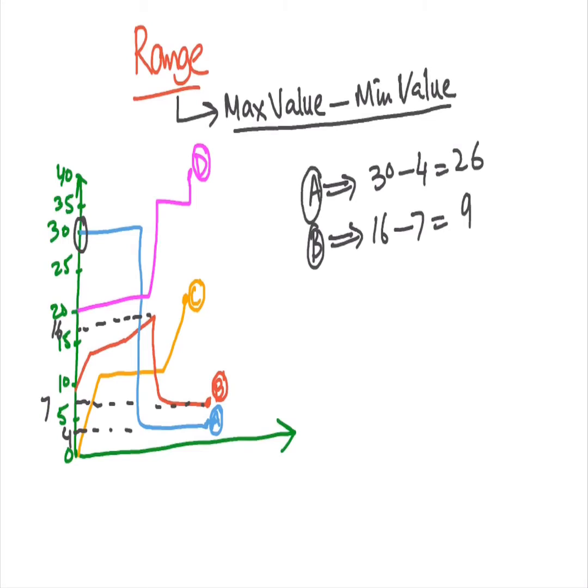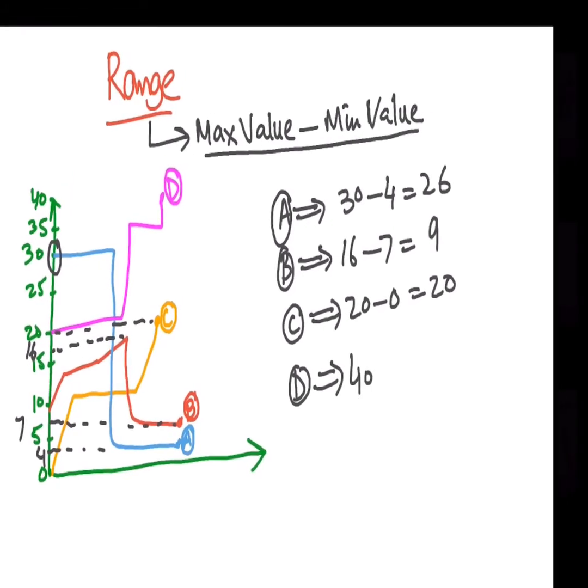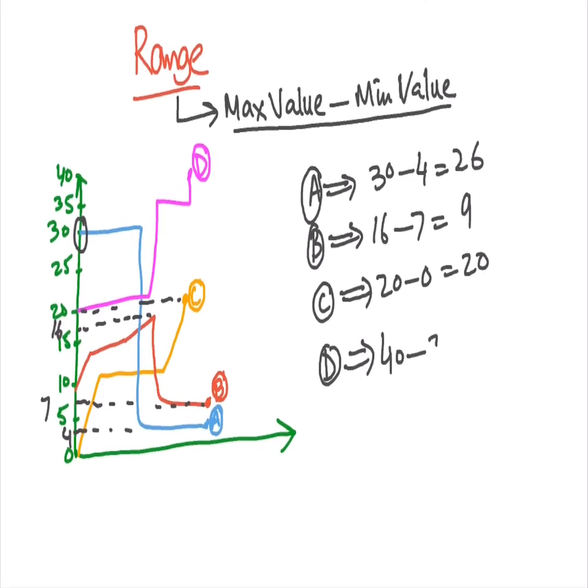Now we go towards C. The range for C is: minimum value is 0 and maximum value is 20. So 20 take away 0 is 20. Now we go towards D. The maximum value for D is 40 and the minimum value for D is 30, and the range is 10.